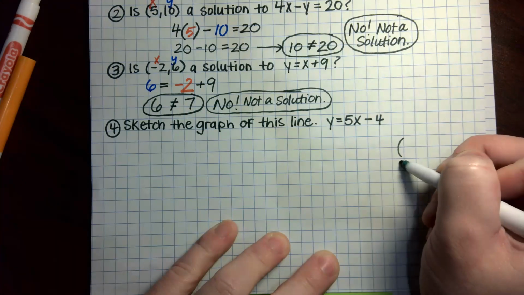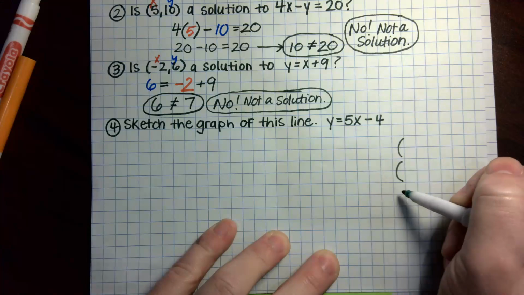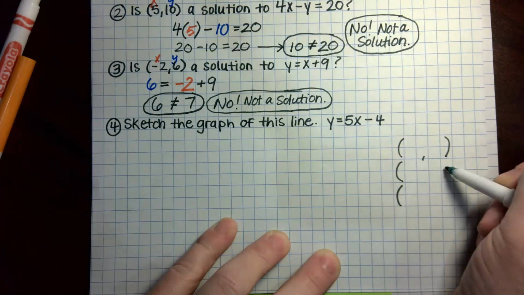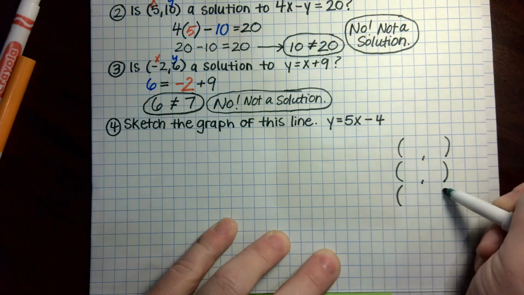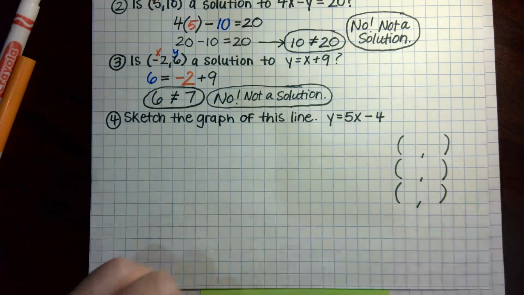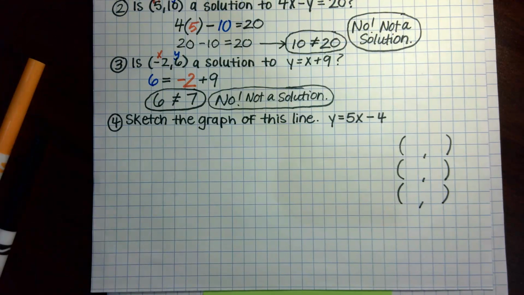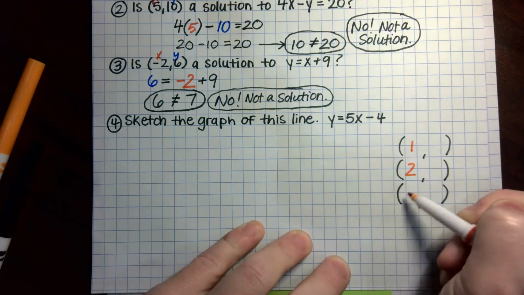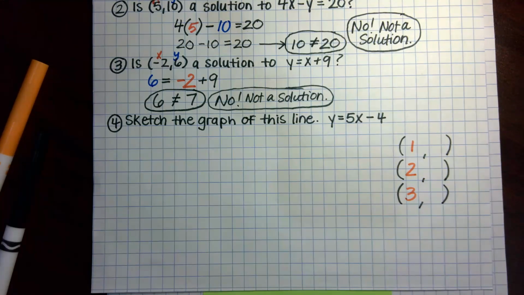So it sounds like he's coming up with 3 coordinates that he can put on a graph. So let's go ahead and start by drawing 3 sets of empty coordinates that we can plug in. And I like those numbers, 1, 2, 3. Let's do those. 1, 2, 3. These are going to be our points that we plot.